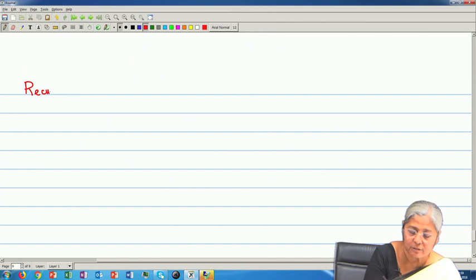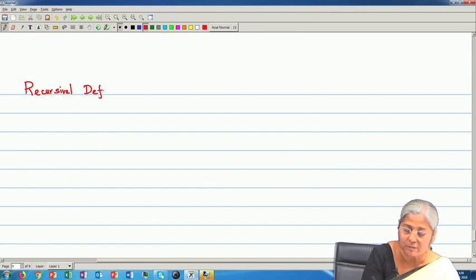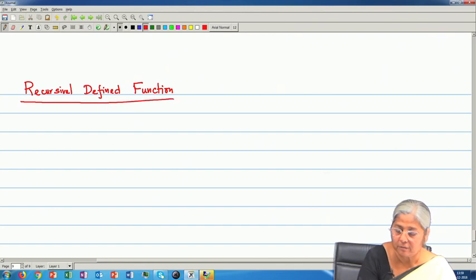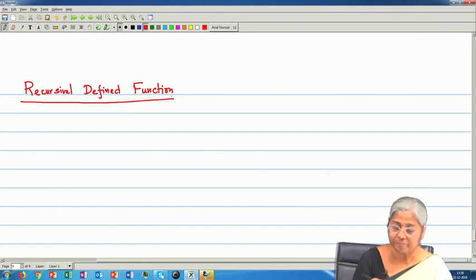In the last lecture, we have seen the recursively defined sequences. Now, we will see how we define the functions recursively.